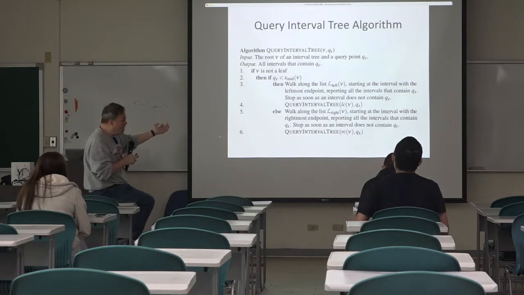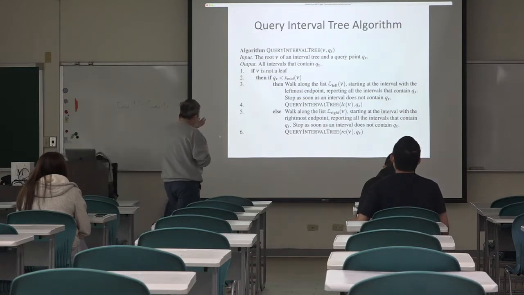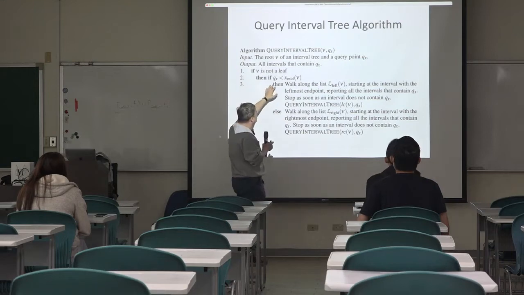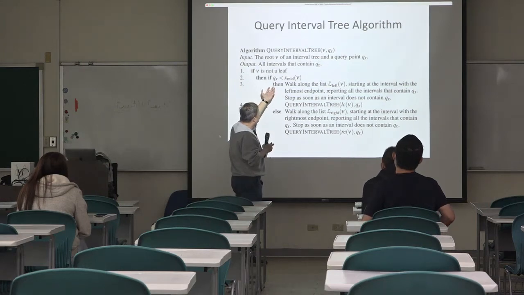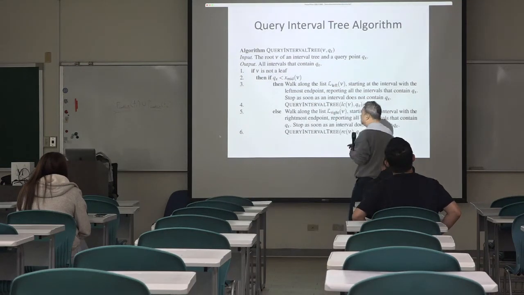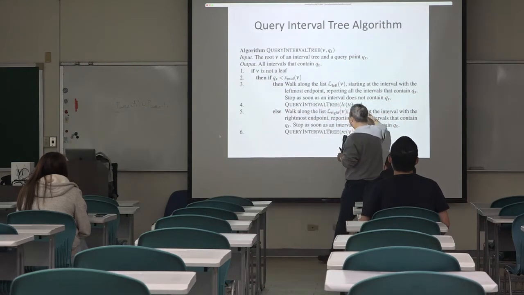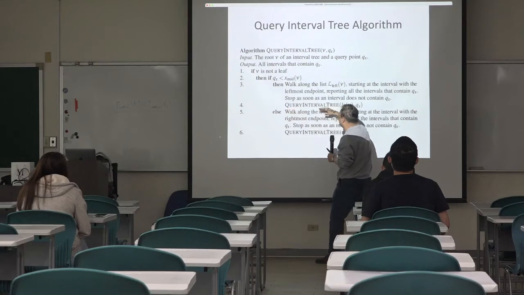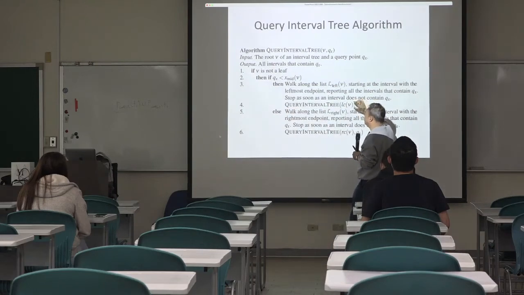Say qx is smaller than x mid: as I said, we don't need to worry about the right subtree, but we do need to deal with the intervals in the root, as well as the left subtree. For the left subtree, we just use a recursive call to query it.